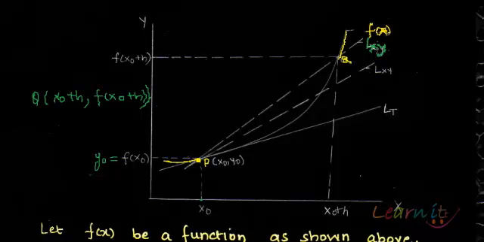Let me just draw this tangent line. There is my pen, and that's how this line will look. So our aim is to find this tangent line out here. Let us see how we can do it.